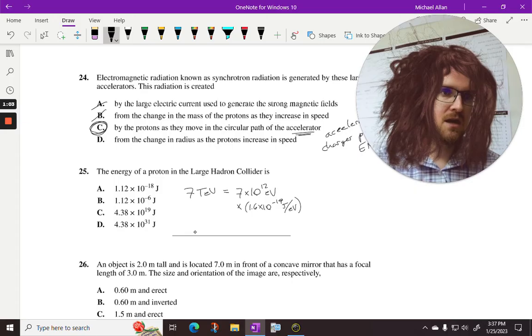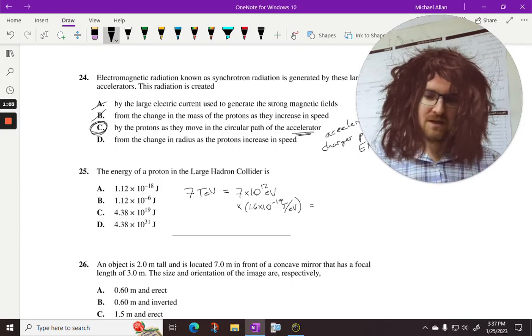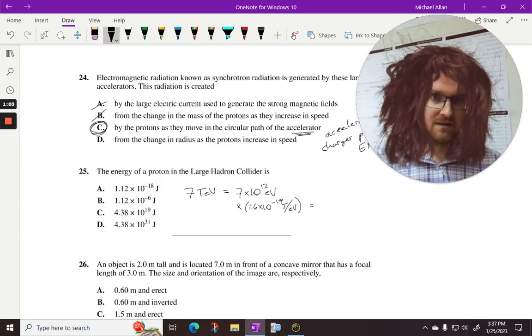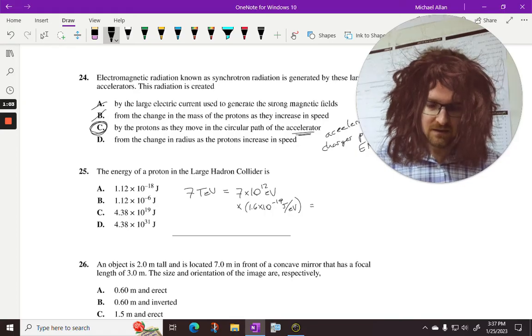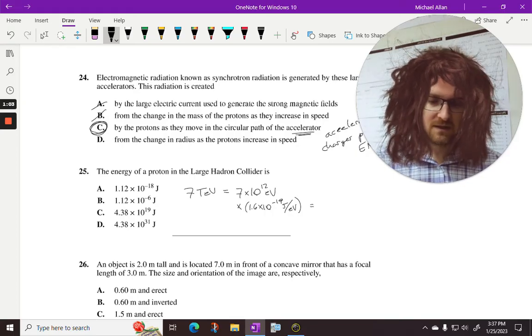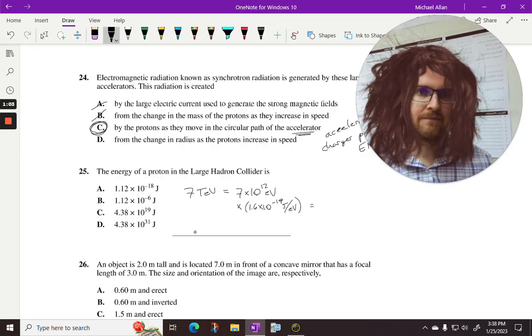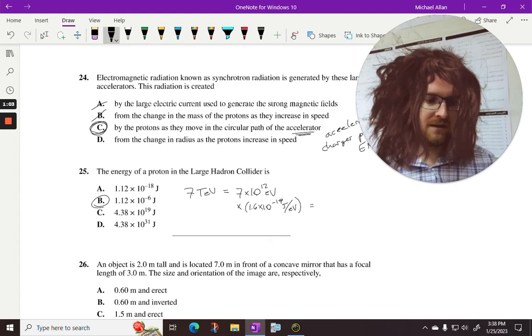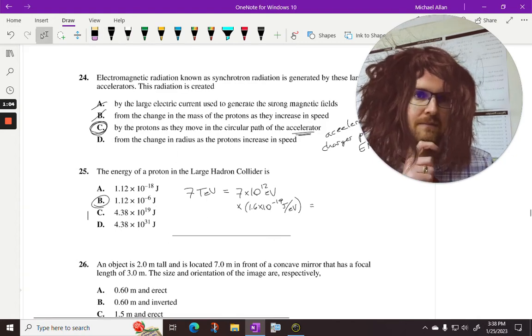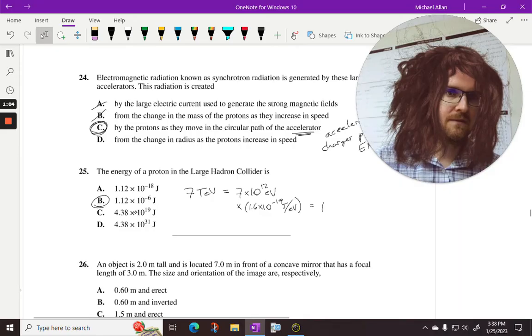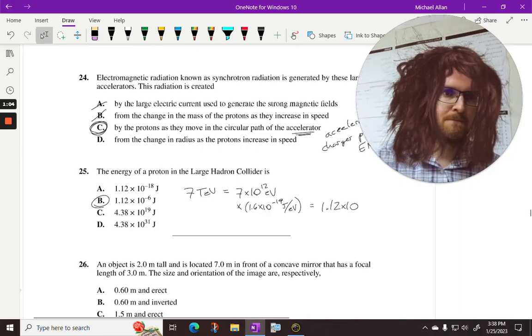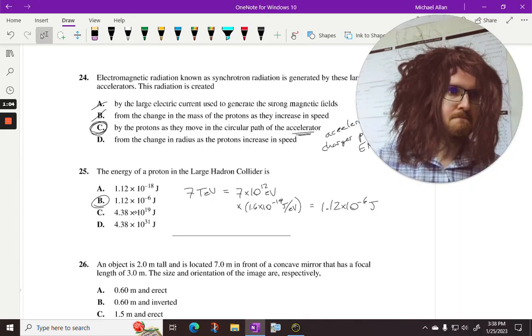And pops out whatever number we need here. So let's see, 7 times 10 to the 12 times 1.6 times 10 to the negative 19. So negative 6. I guess I could have done the math in my head. I got that. Cool. So I'll just write this down.